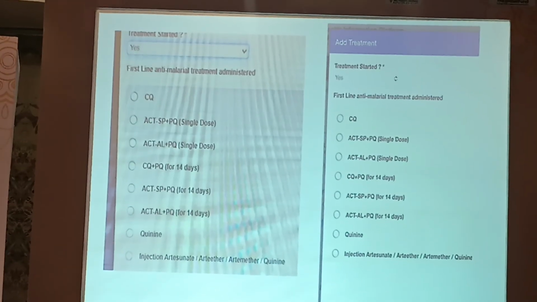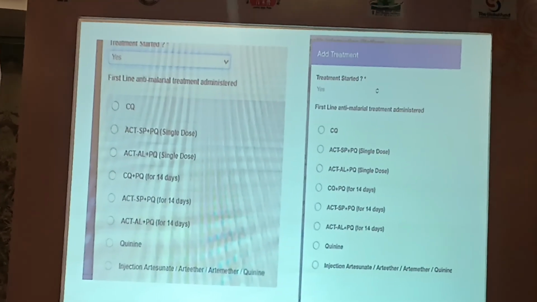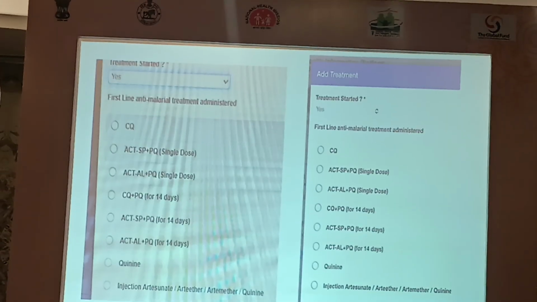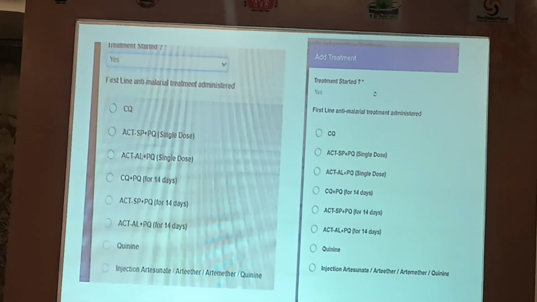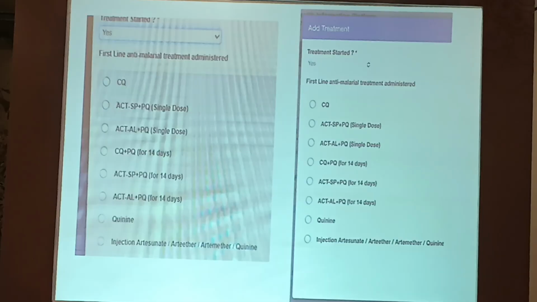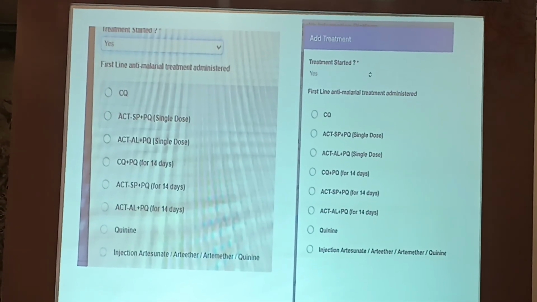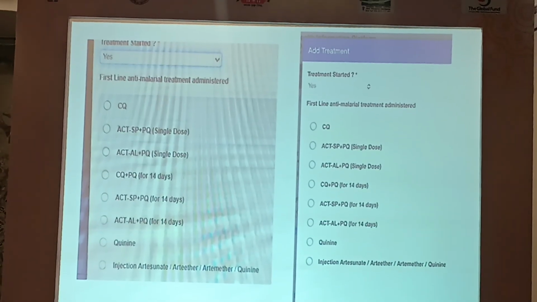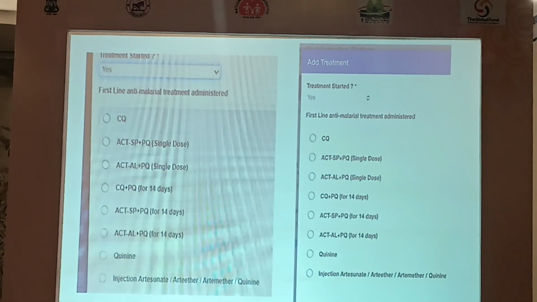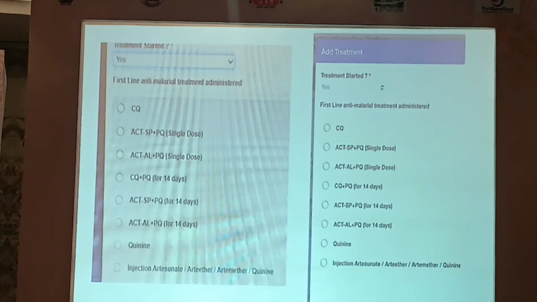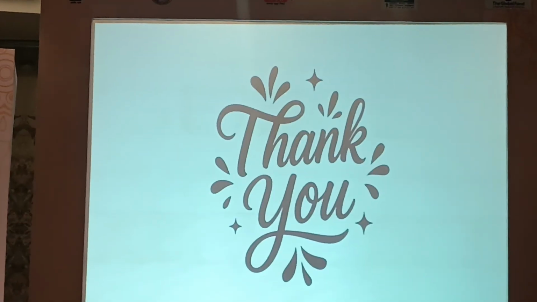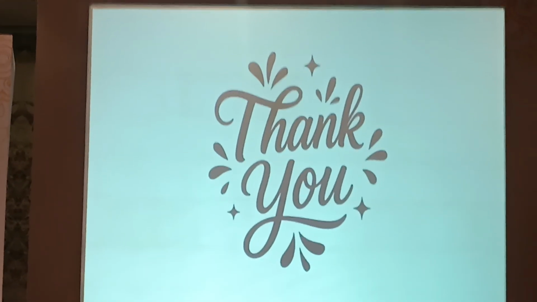That is the most appropriate way. When we select that, it automatically gets reverted to ACT SP plus PQ for 14 days. So that is a system problem, and I think that will be corrected over a period of time by the state. So this is one of the problems.